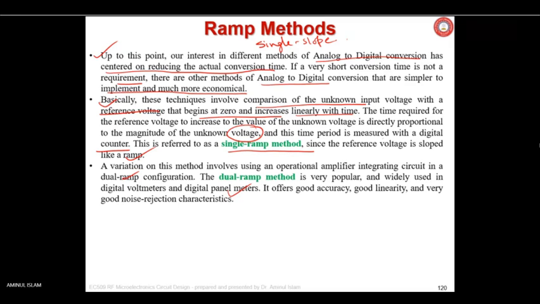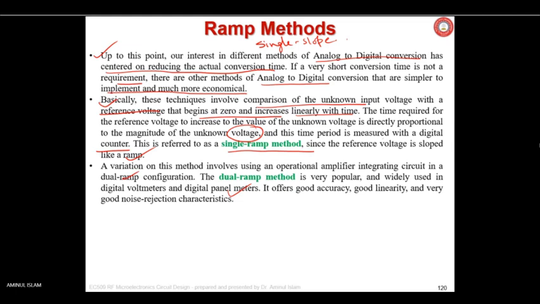Long conversion time. Yes, another thing. See, the value of VT depends on R and C. That is most important here.